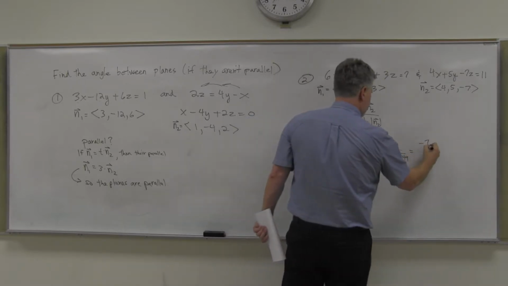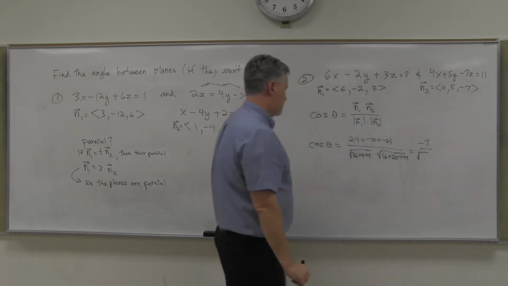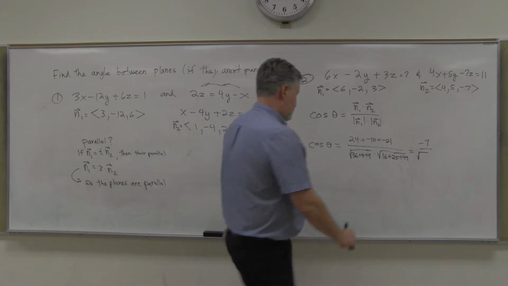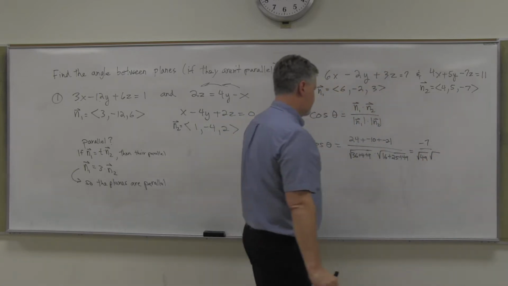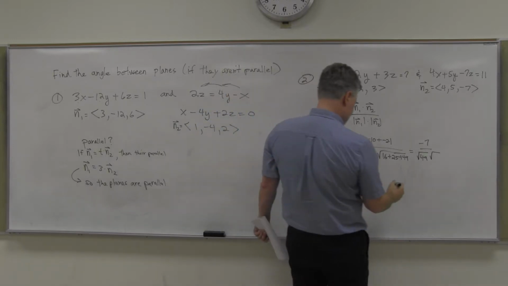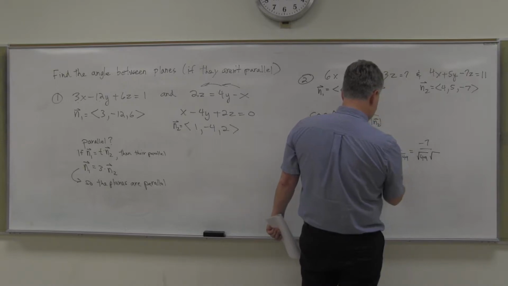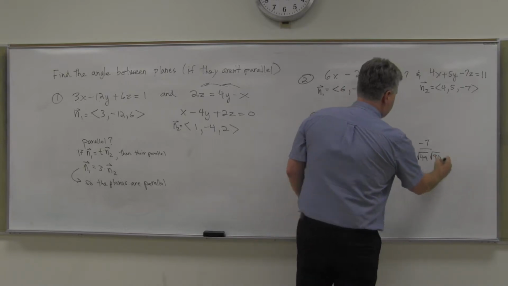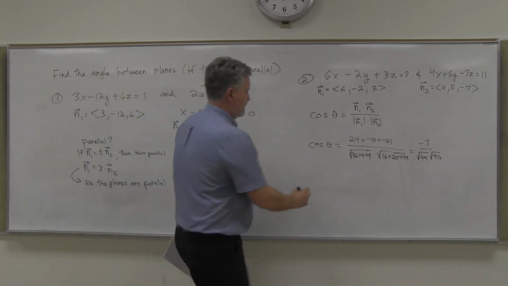That's negative 7 on top, and then the square root of 49 times the square root of 90. Did I do that right? 90. 7 square root of 9.